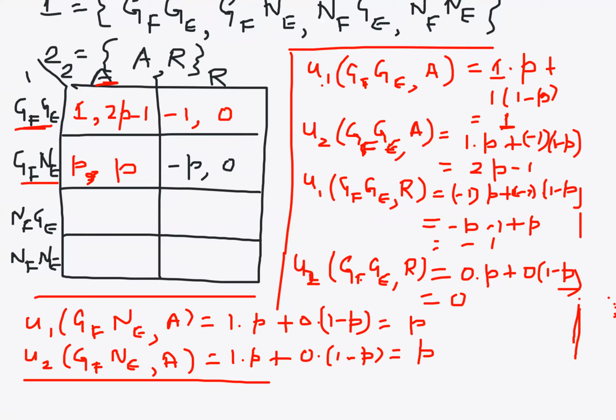So look at this strategy. GF and NE, right? So in this case, player 2 accepts.